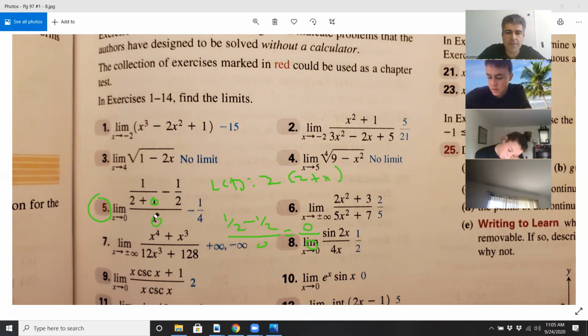So what this means is we've got to change up these fractions here. 2 plus x for this guy, x for this guy. Okay.